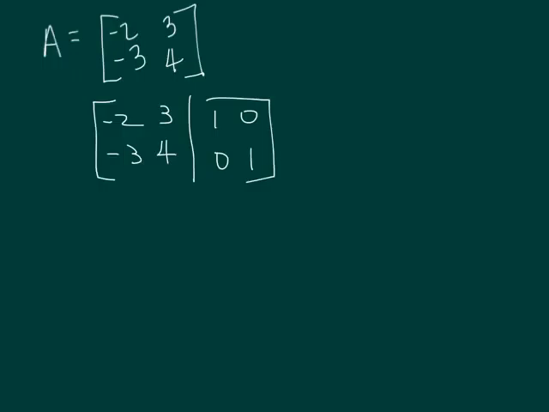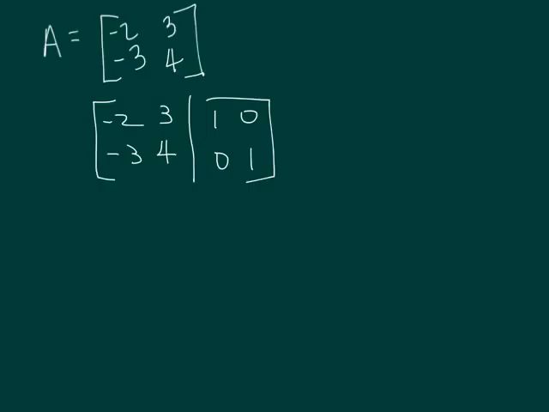Now we're going to try to make this -2 here into a 1, because once that's a 1, we can change this to a 0. Then we'll change this to a 1 and try to change that to a 0. So we're going to go through the whole Gauss-Jordan method there.